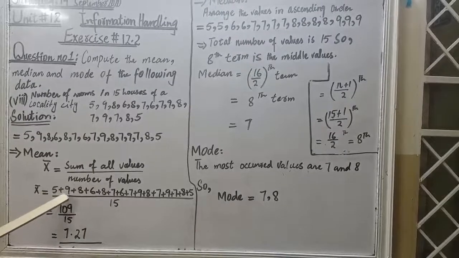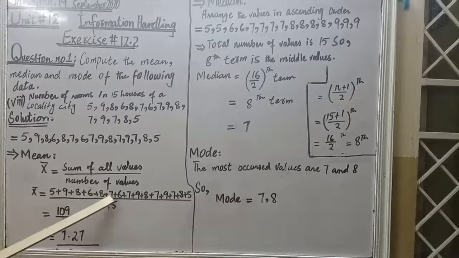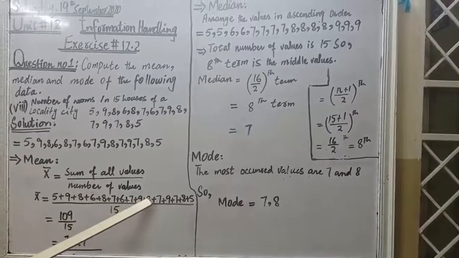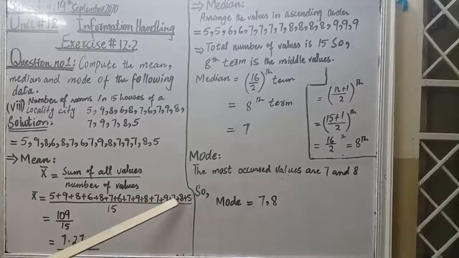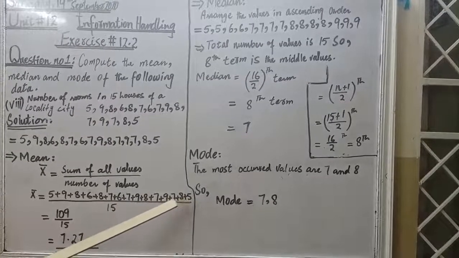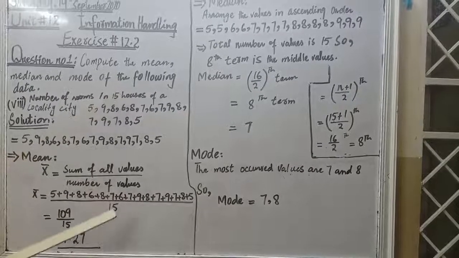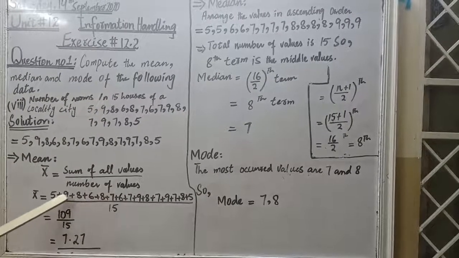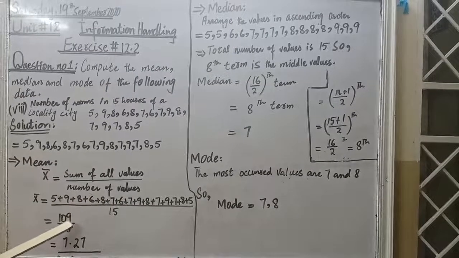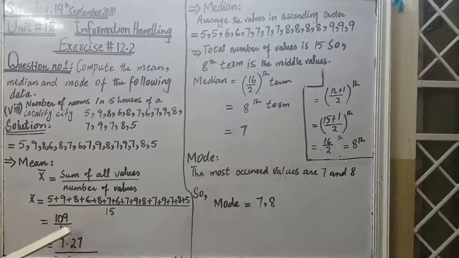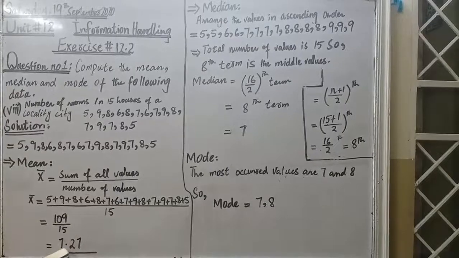So 5 plus 9 plus 8 plus 6 plus 8 plus 7 plus 6 plus 7 plus 9 plus 8 plus 7 plus 9 plus 7 plus 8 plus 5, divided by the number of values, which is 15. The addition of these numbers is 109, divided by 15. When we divide these two, our answer is 7.27.